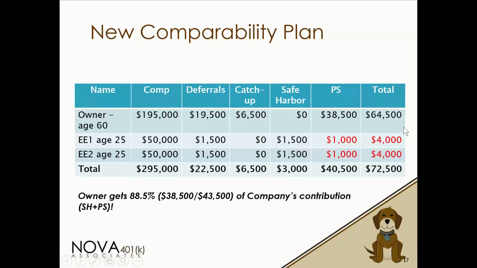It does not apply when looking at cash balance contributions. So we normally design our plans with what we call safe harbor non-elective. You can just think of it as a 3% safe harbor profit sharing contribution that's 100% invested on day one.